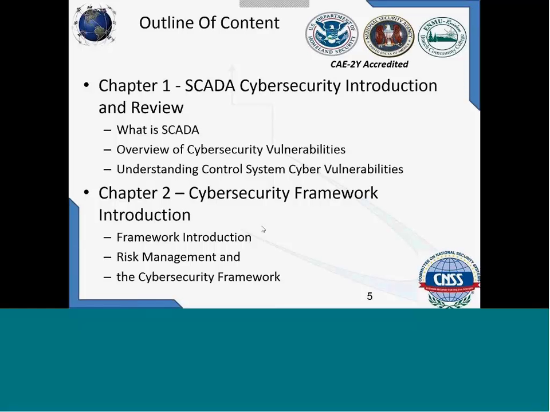So part of this Chapter 2, looking at Section 1, we're looking at the framework introduction and the overview of the framework, and basically the framework core and the functions within that core. There's basically 5 functions, and that's identify, protect, detect, respond, and recover.